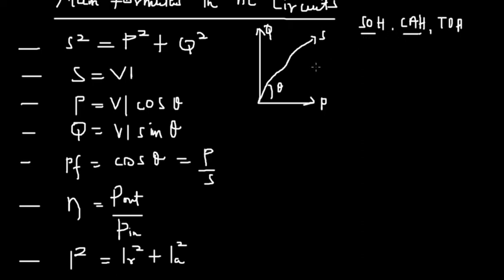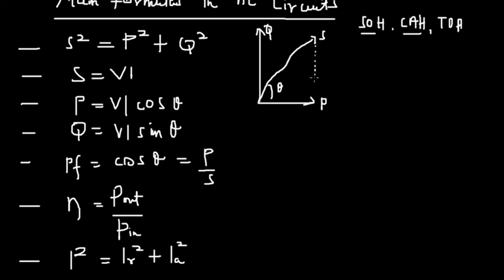Now let's see how we come about these formulas, especially for the active power and the reactive power. This is SOHCAHTOA. It means we have opposite and hypotenuse.